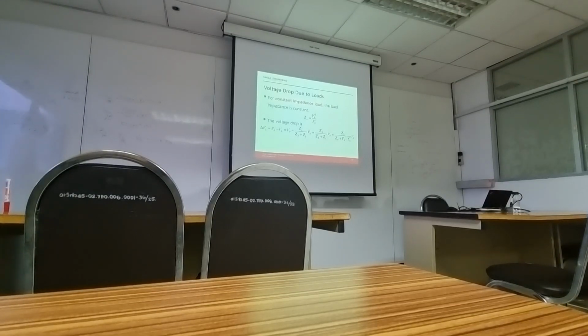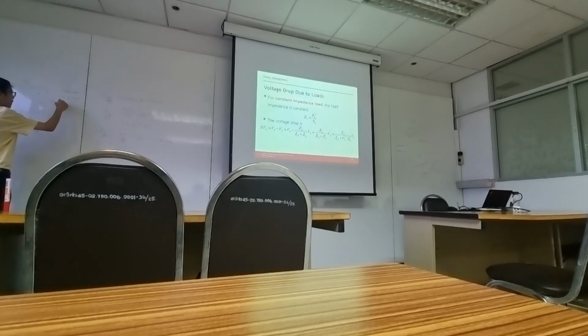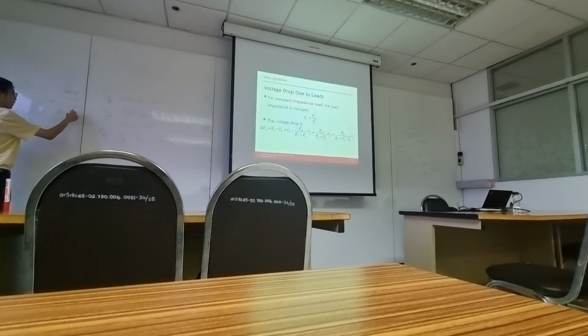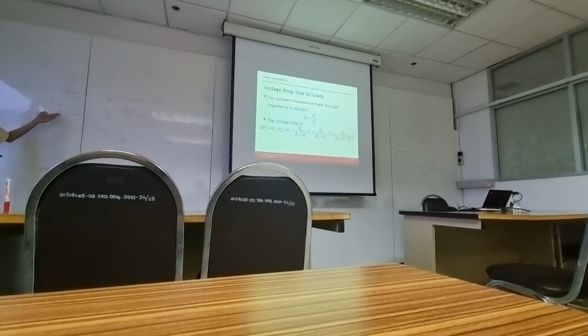This is the nominal voltage at the load, and they will tell you the power is maybe 10 kilowatt, and the reactive power is 2 kilowatt, something like that. The problem will give you something like this. Okay, this is the nominal voltage, this is P and this is Q.